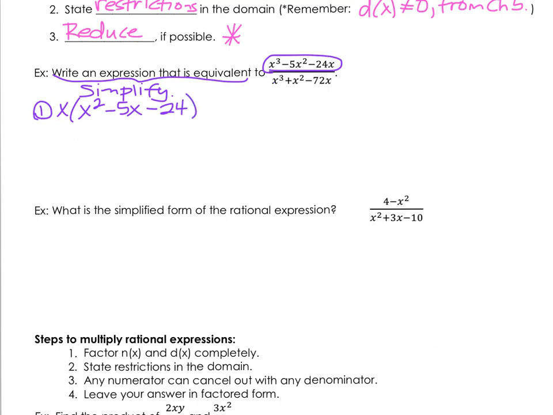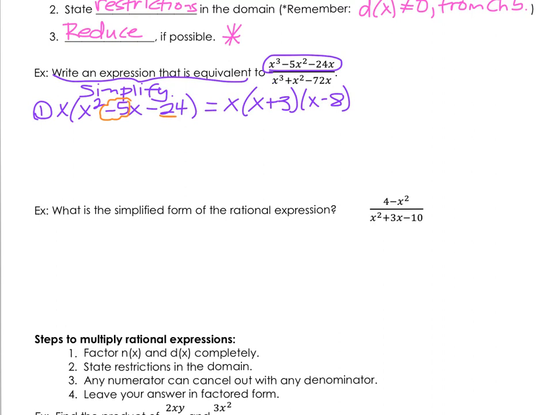What are 2 numbers that multiply to equal negative 24 and add to get negative 5? We could do positive 3 and negative 8. They would multiply to get negative 24 and add to get negative 5. We'd have that x on the outside, and x plus 3 times x minus 8 is a factored form for that numerator.